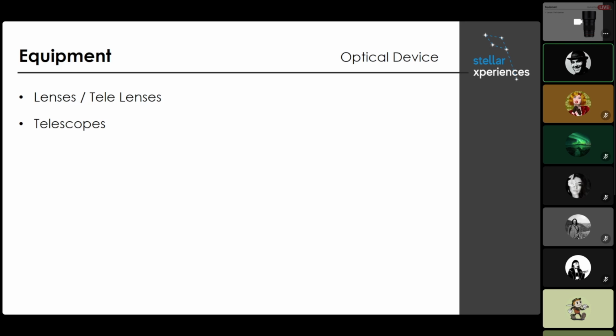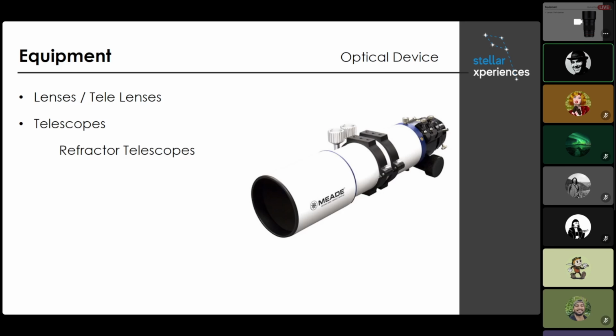And we have telescopes. Actually, telescopes are not different than lenses. We have two main types of telescopes, and there is the third type. The first type is refractor telescopes.